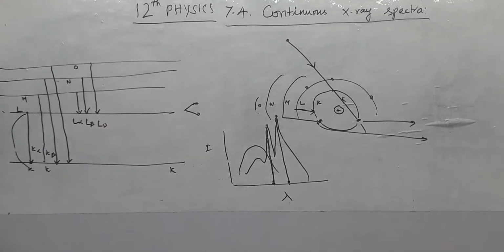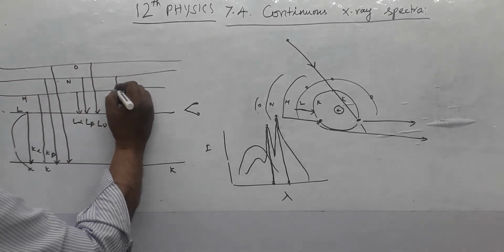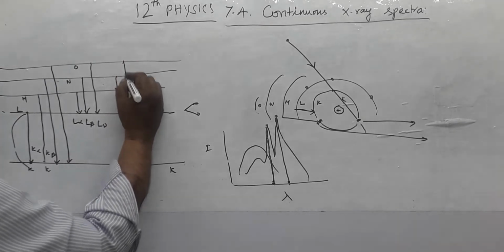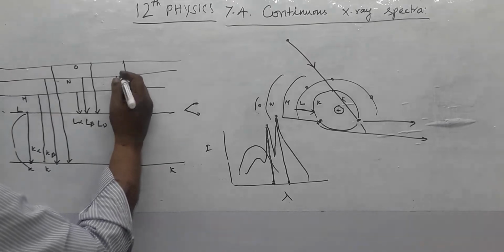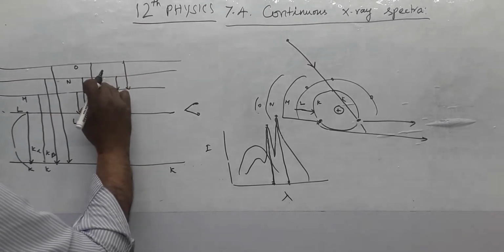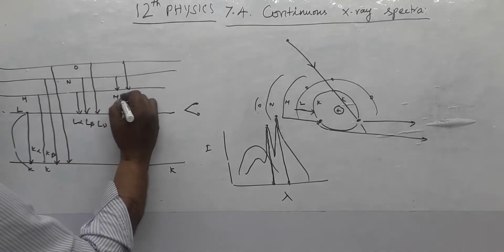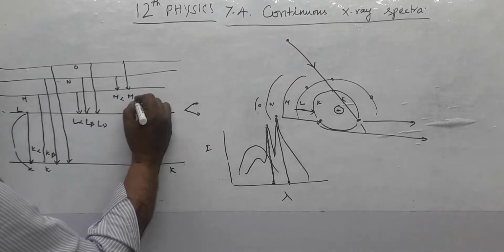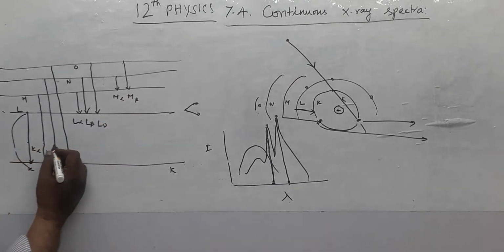Likewise, if the knocked-out electrons are in the M shell, it is filled by electrons jumping from the N orbit or O orbit to the M orbit, M alpha, M beta. That's why we are getting spectral lines.